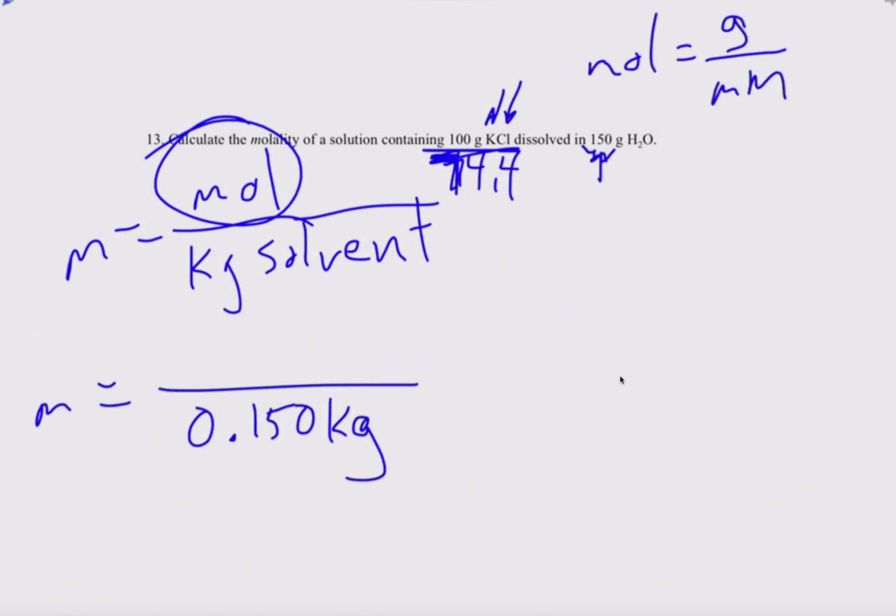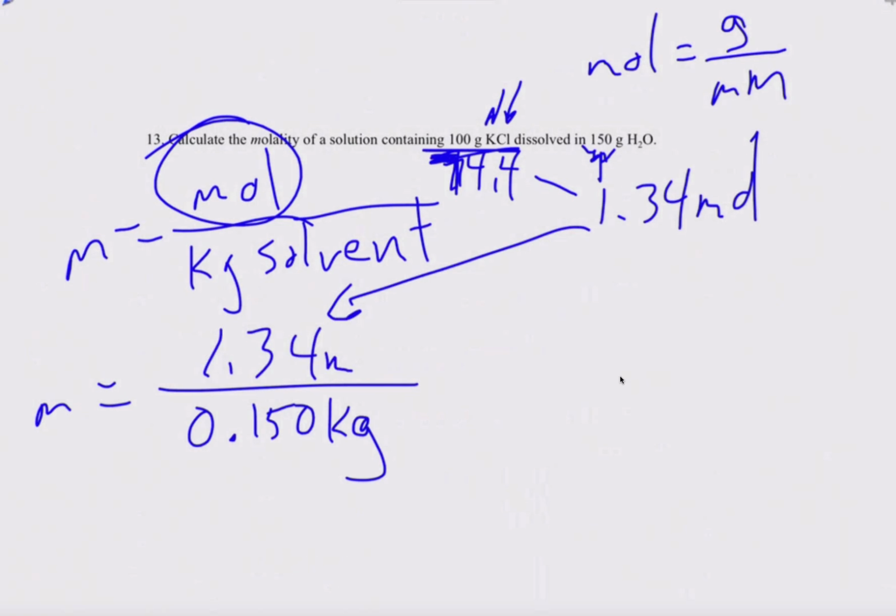So 100 divided by 74.4 is 1.34 moles. That's the number I'm going to put back over here: 1.34 moles divided by 0.15 kilograms gives us a molality of 8.93 molal.